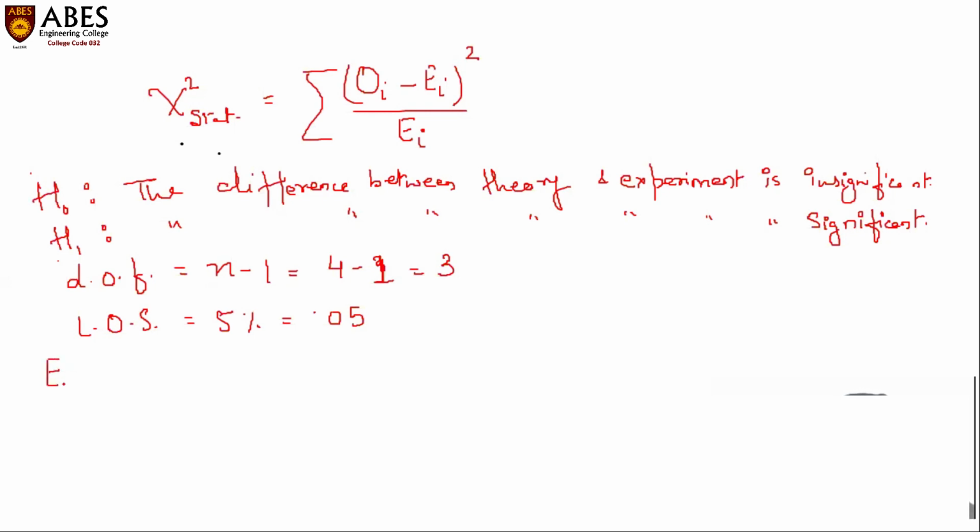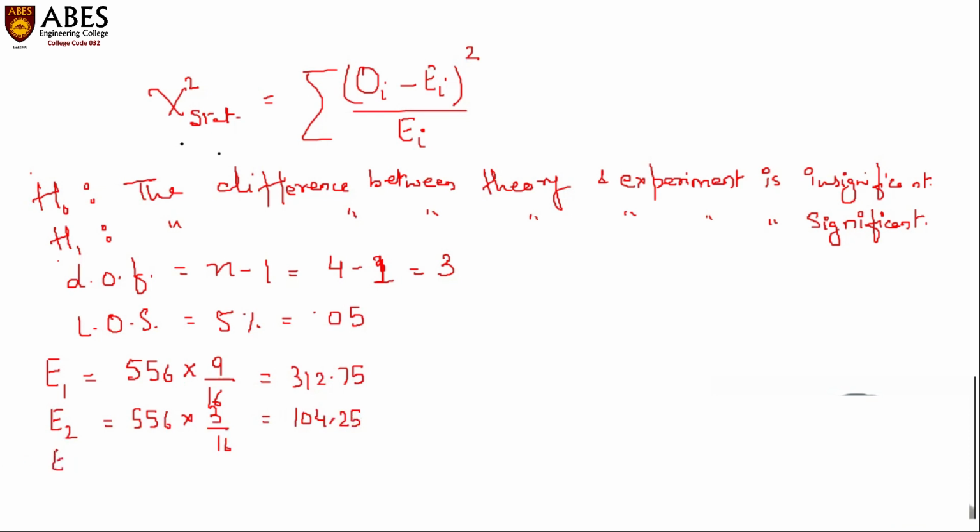Since there are four categories, we have to find E1, E2, E3, E4. E1 equals 556 into 9 by 16. How did we get it? Out of 16 seeds, 9 are expected to belong to category 1, and therefore out of 556, 9 by 16 into 556, that is 312.75, are supposed to belong to category 1. Next, E2 is 556 into 3 by 16, that is 104.25.